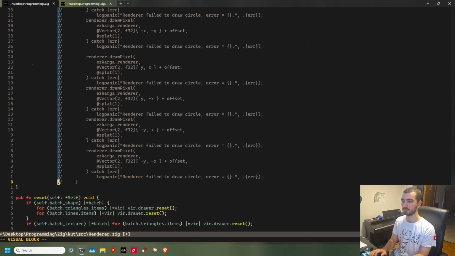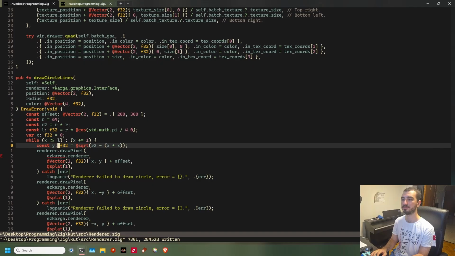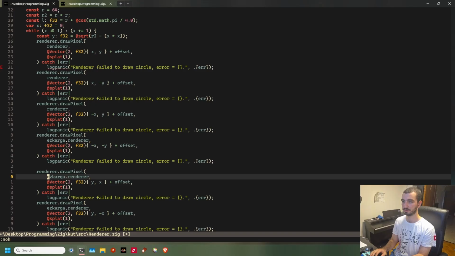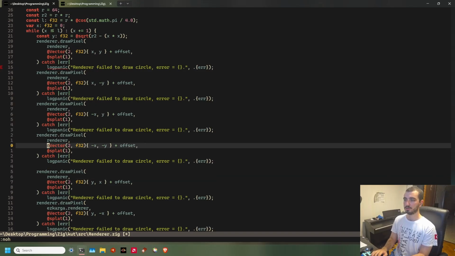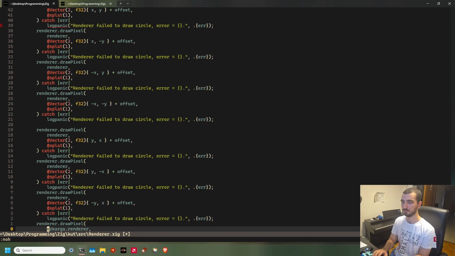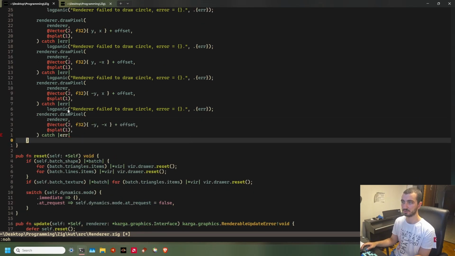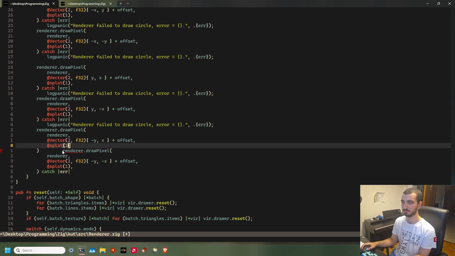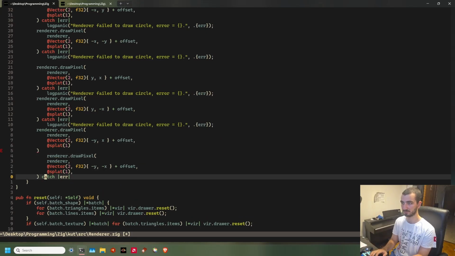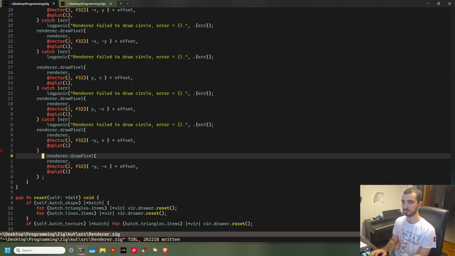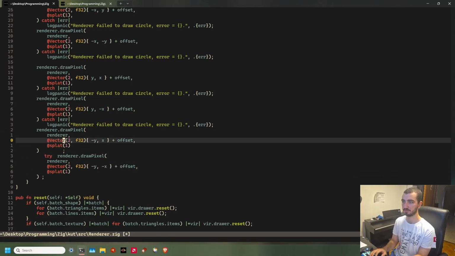Okay. Comment it out, and these are the renderers. And okay, one more. There you go. So these log panics need to go, and we can do something like that. Let's try. There you go.